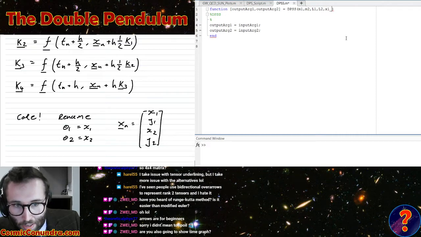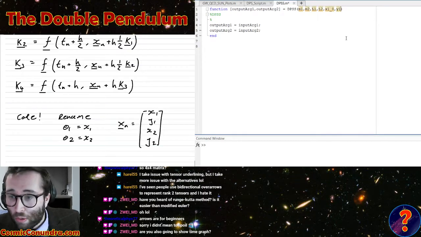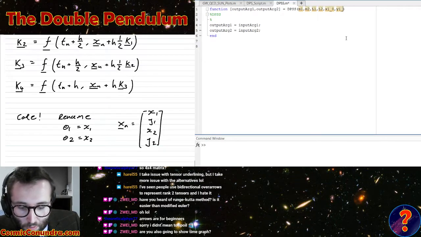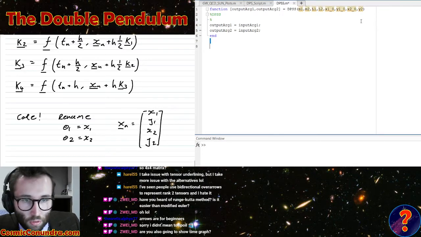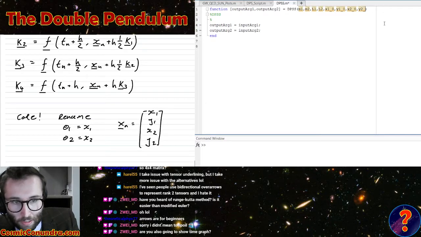And then it should depend on the initial conditions, which I'm going to give this subscript 0. So x1 0 is the initial position of particle 1, y1 0 is the initial speed of particle 1, x2 0 is the initial position of particle 2, and y2 0 is the initial speed of particle 2.